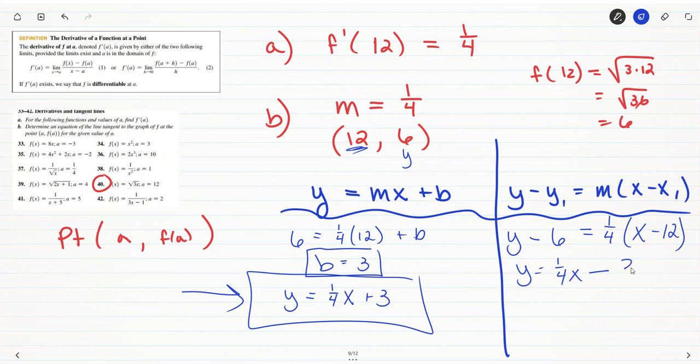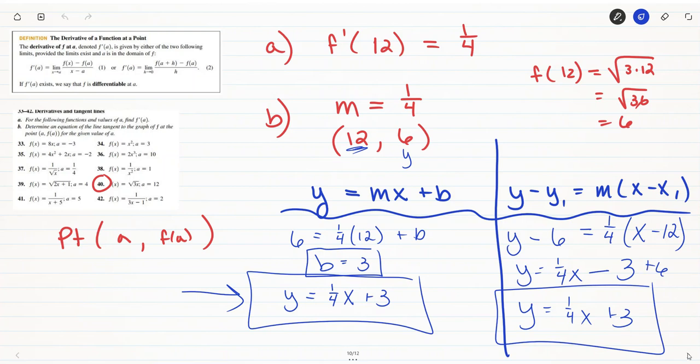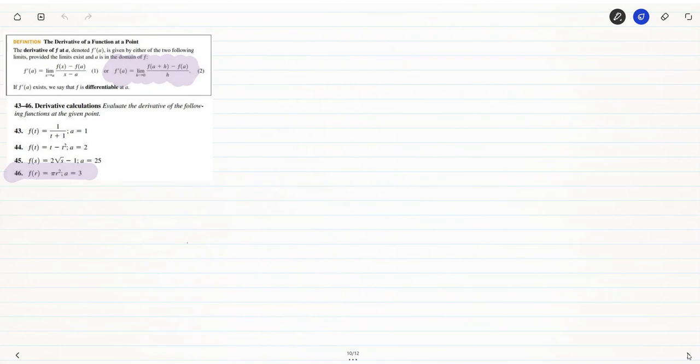One-fourth of 12 is 3. Plus 6 gives me plus 3. So you see how we get the same answer either way. You could solve this with either of those two. Just use whichever one is most comfortable for you.